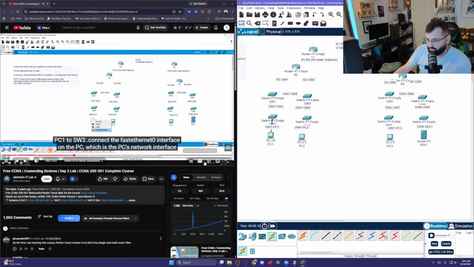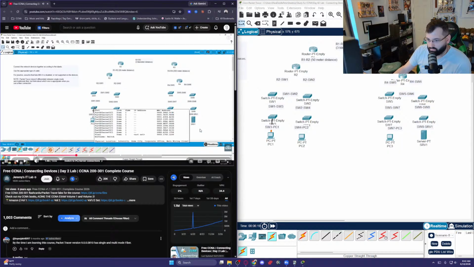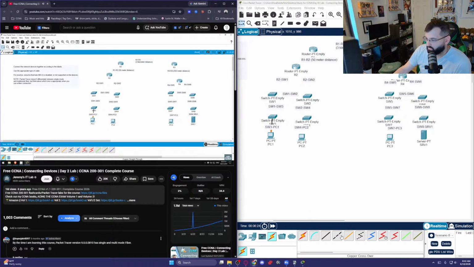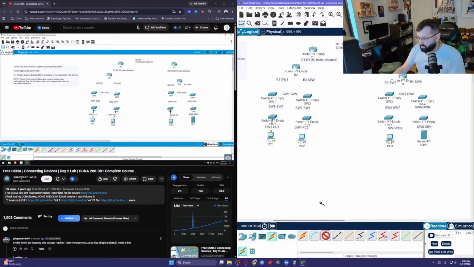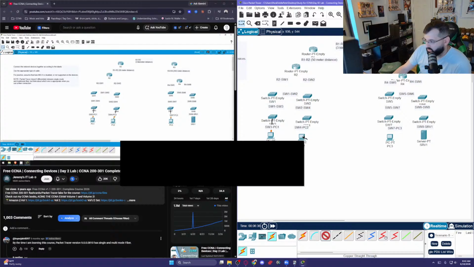PC 1 to switch 3: connect the Fast Ethernet 0 interface on the PC, which is the PC's network interface card, to any of the Fast Ethernet interfaces on the switch. Next is PC 2 to switch 4, PC 3 to switch 7. Hold on, there's a button I can press.